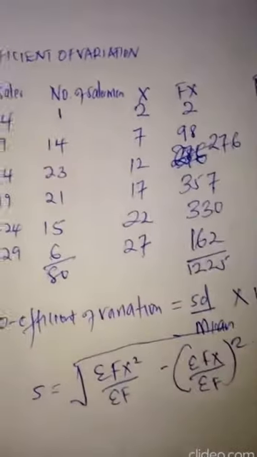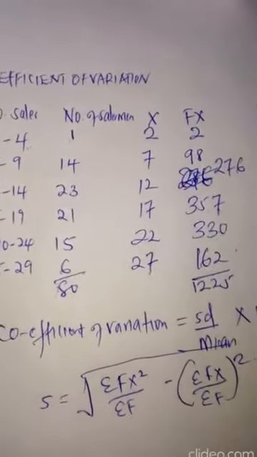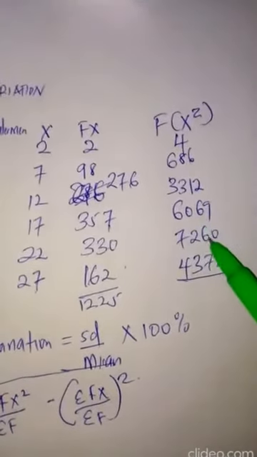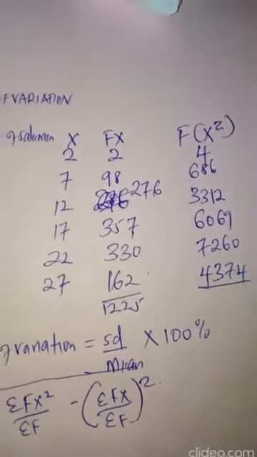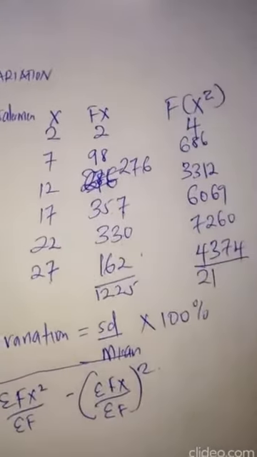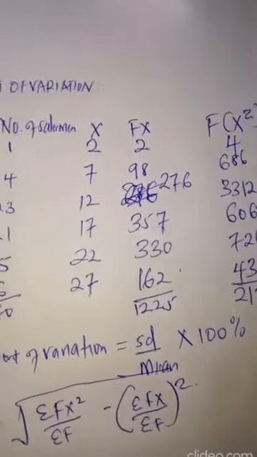Then you also add 4 plus 686 plus 3312 plus 6069 plus 7260 plus 4374. From my calculator I'm getting 21705. So those are the totals that you need to have.